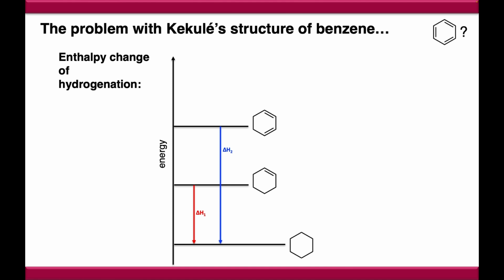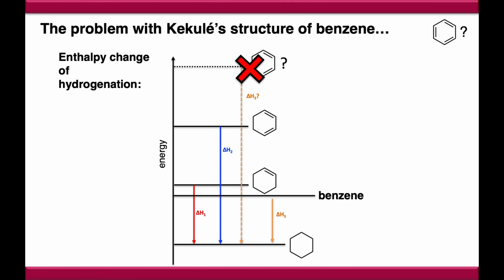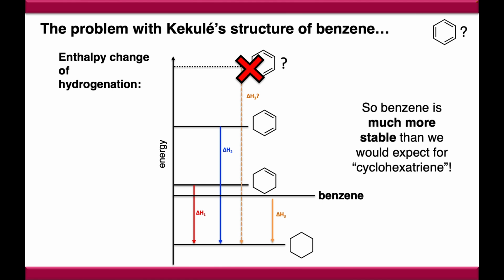And that makes sense. So surely for benzene, you would expect the delta H to be 3 times as big because you're hydrogenating 3 alkenes, but it isn't. Benzene's energy level is substantially lower than you would expect it to be for the structure of cyclohexatriene. So there is something that's making benzene much more stable than we would expect for that isolated structure.